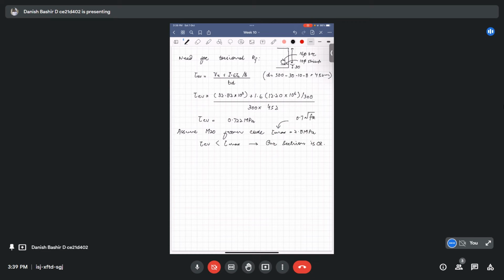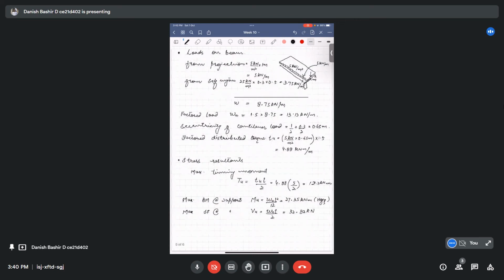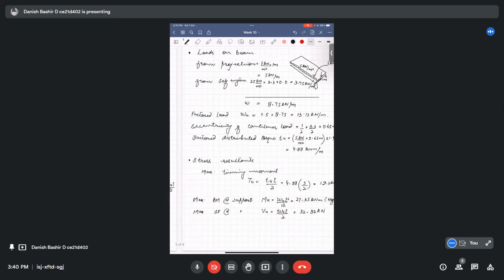Okay, now shear strength of concrete. First we will see what reinforcement was already provided. Reinforcement provided is like this, where I have shown.